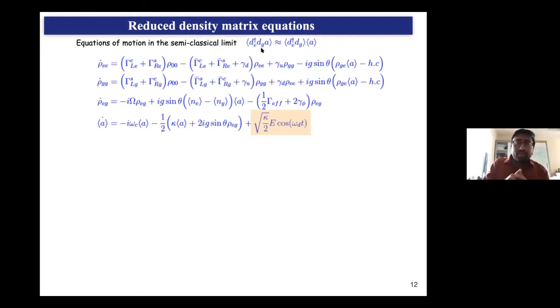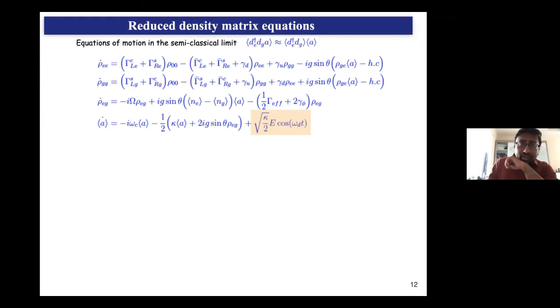But while writing this, we have made a very important approximation, known as the semi-classical approximation: whenever you come across this kind of expectation, you separate them out. Certainly this is not always true, but at least you can intuitively agree that this can happen when the light matter coupling is weak, because this D is the matter part and A is the cavity part, and you're separating them out. So roughly speaking, this can happen in the weak light matter coupling limit.